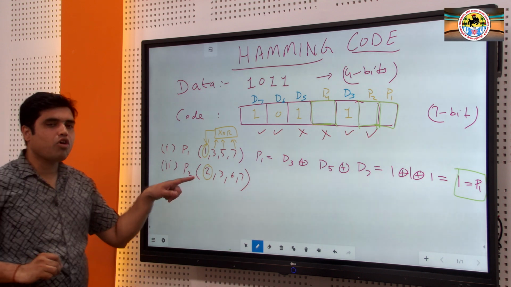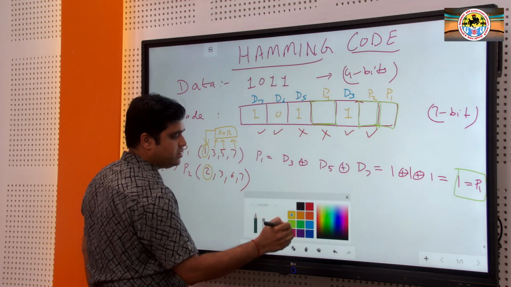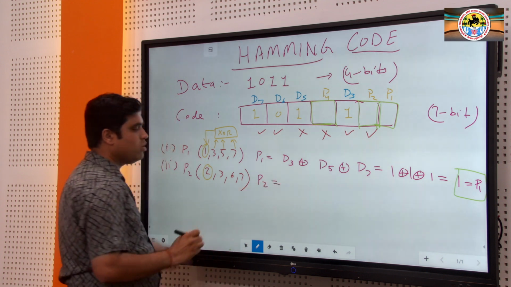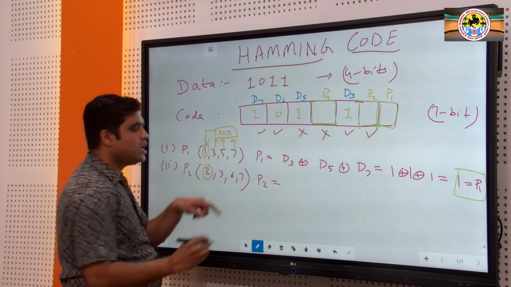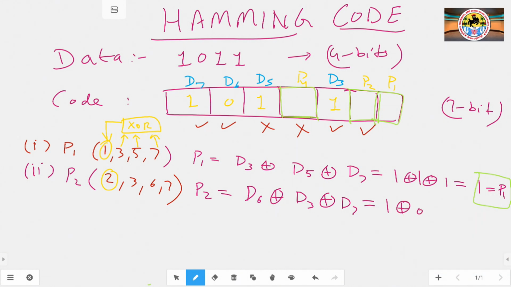And the parity bit is obtained by XORing the remaining 3 bits. So, that means P2 is equal to XOR of 3, 6, 7, that means D3 XOR D6 XOR D7. What are the values at these positions?